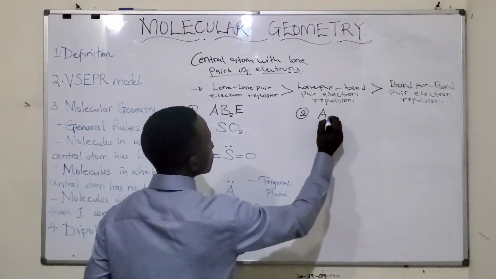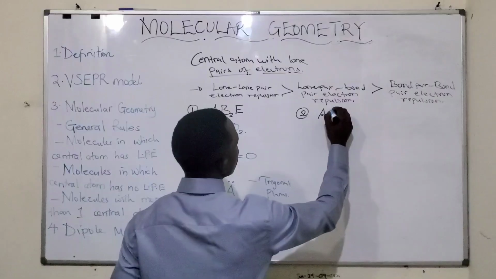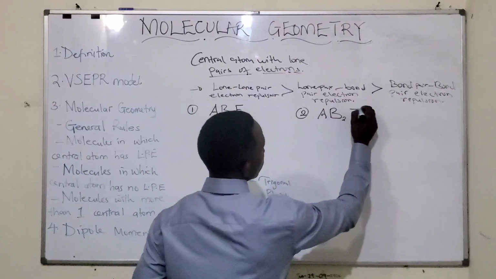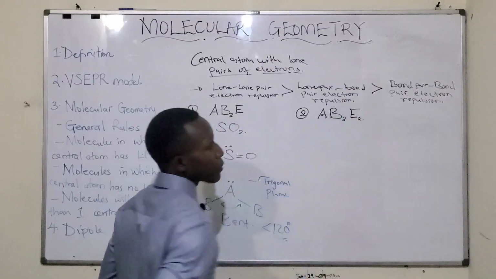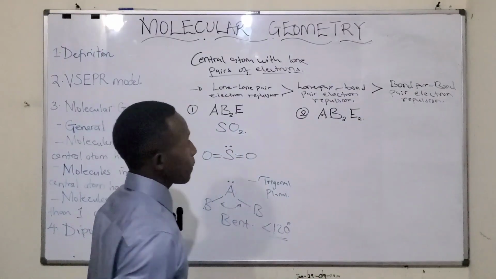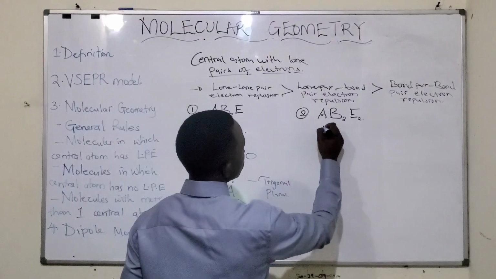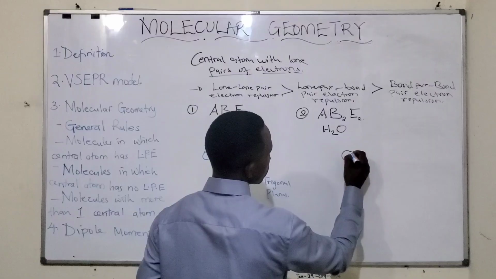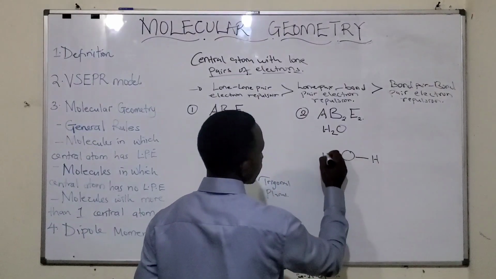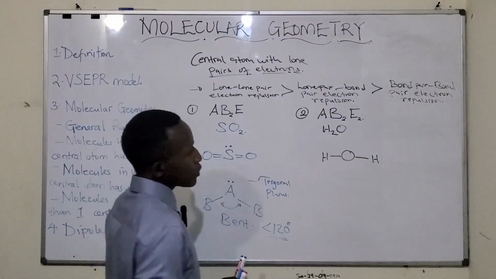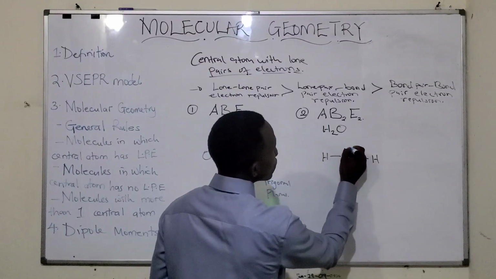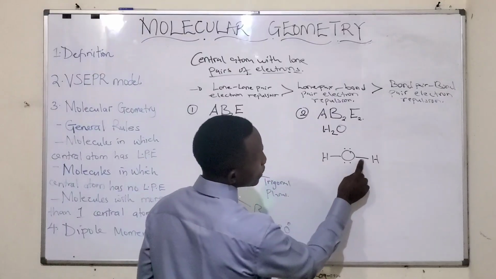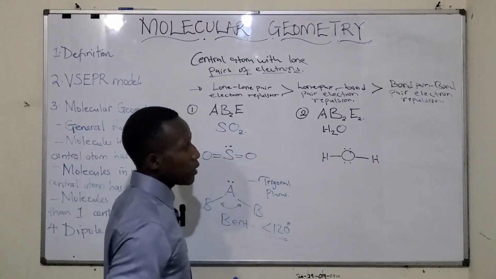Another example. If you have a central atom attached to 2 other atoms, and we have 2 lone pairs of electrons. An example, we have water. Remember, in water we have oxygen attached to 2 hydrogen atoms, but oxygen is having 6 valence electrons, meaning that these 2 plus these 4.